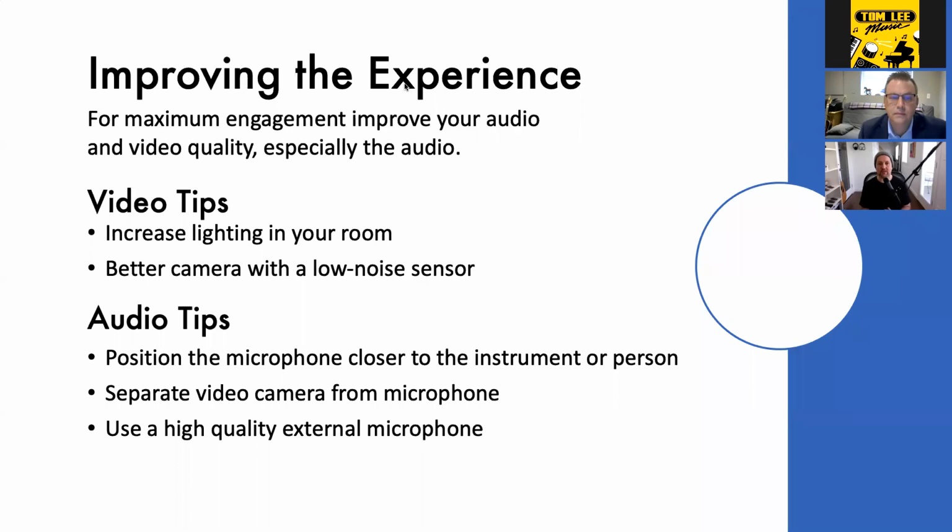As far as audio tips go, one of the biggest things that comes up a lot is the position of the microphone. Often what people are talking about is, I don't get good audio quality, and they've got, let's say, an iPhone or an iPad positioned so that the video looks good, but you're really far away from the individual.